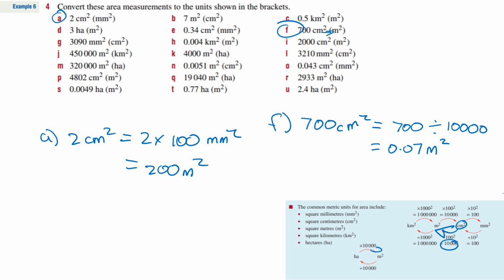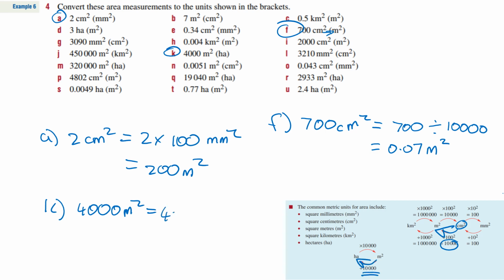So let's pick one of those ones. I want to go from meters squared. Actually, no, I picked the wrong one. So let's go K. That means 4,000 meters squared, and I'm going to convert to hectare. So I'm going meters squared to hectare, so I'm going to divide by 10,000.